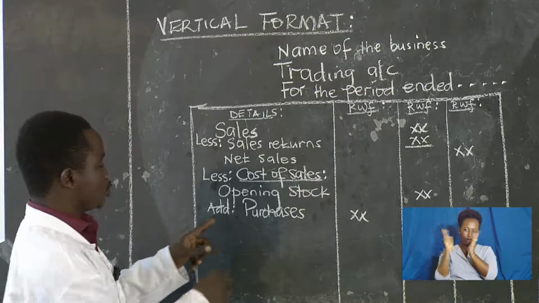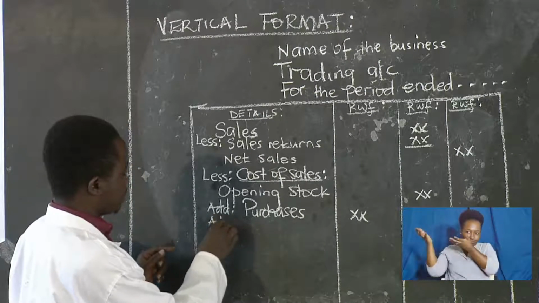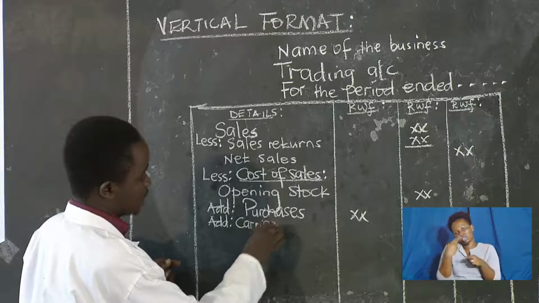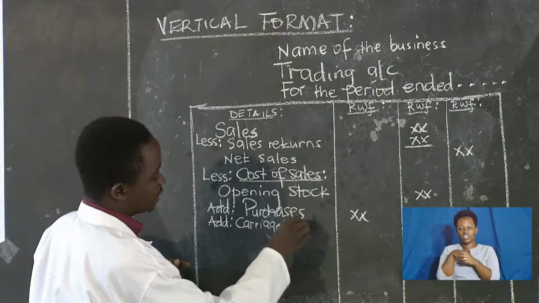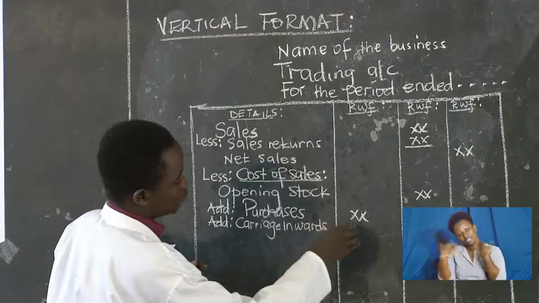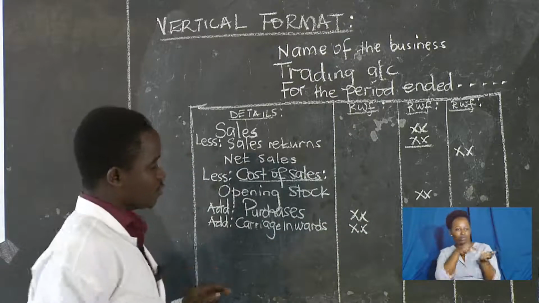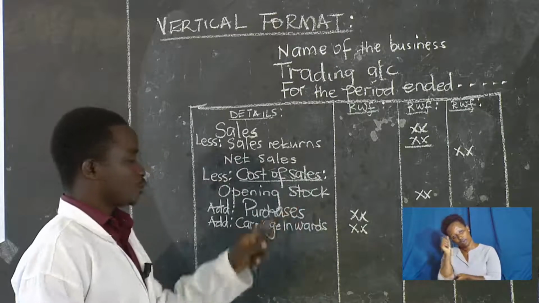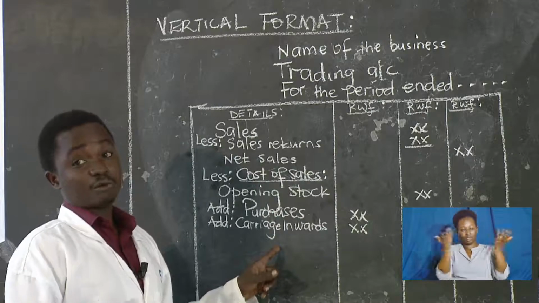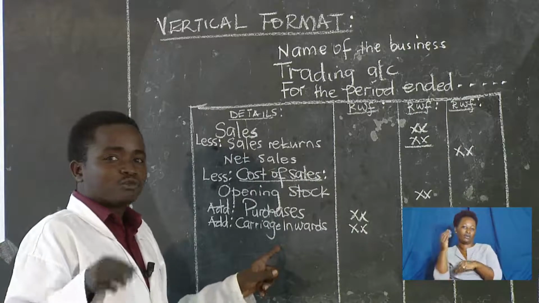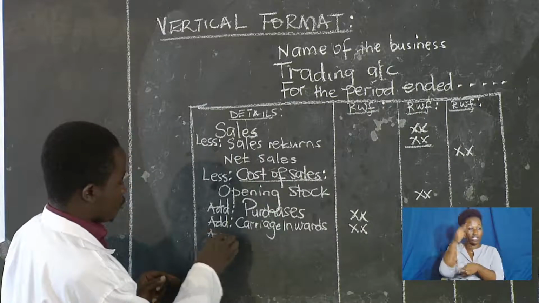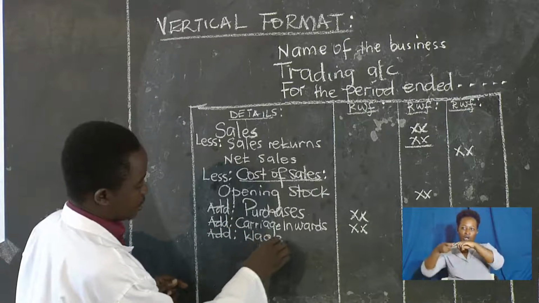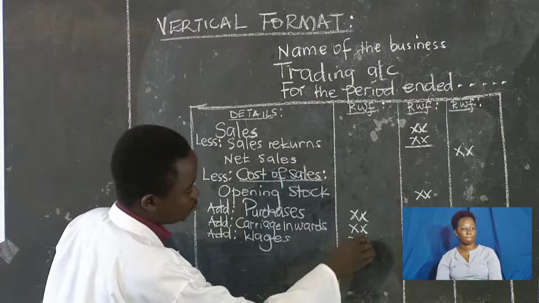That is carriage on purchases, or carriage inwards. You add this figure on the value of purchases. You have paid people to help you to load and offload goods that you have bought. That amount of money paid to them is what you call wages. So you add wages.